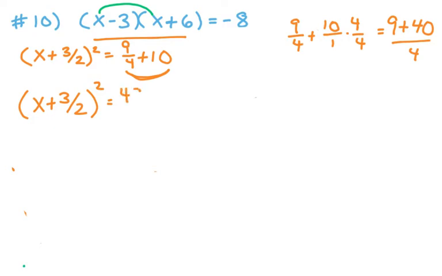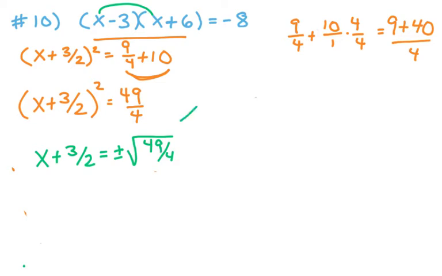So 49 over 4. So you're probably wondering, how in the world is this going to give us the same answer? Well, let's see if it does. We're ready to use the square root property. We know that this means x plus 3/2 equals plus or minus the square root of 49/4.